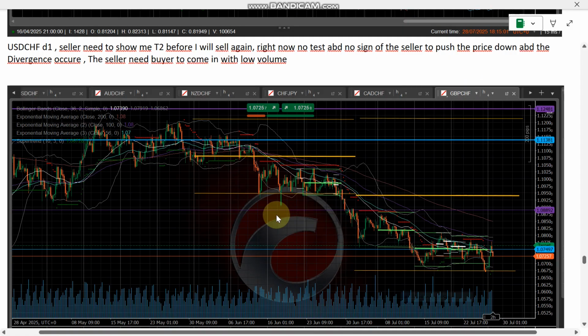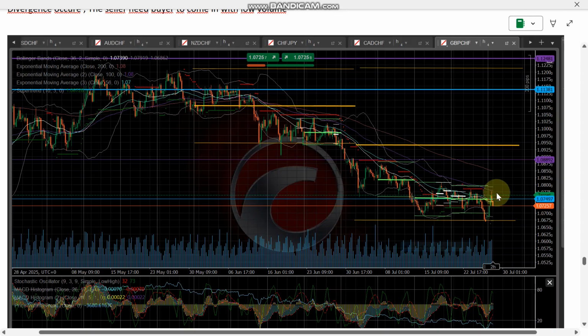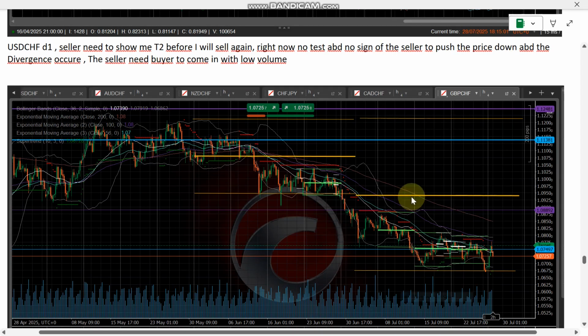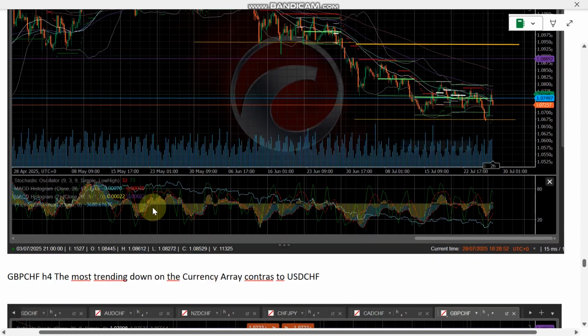GBP Swiss franc also coming back, but smashed down again underneath the daily, and the 4 hour, 1 hour are still tangling up, fighting on the sideways market beneath the center.